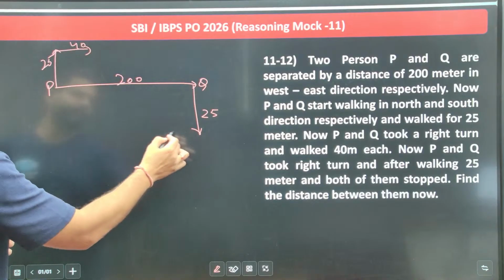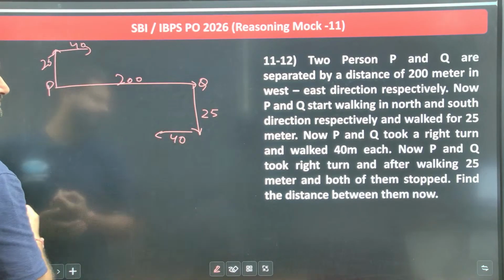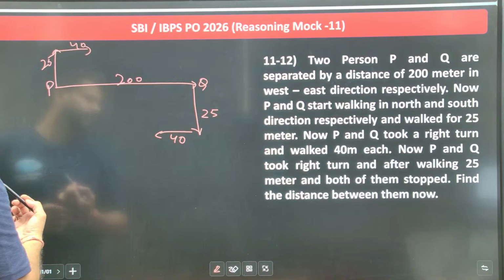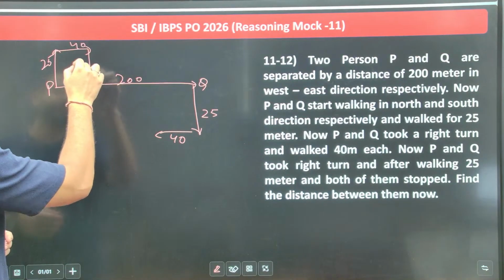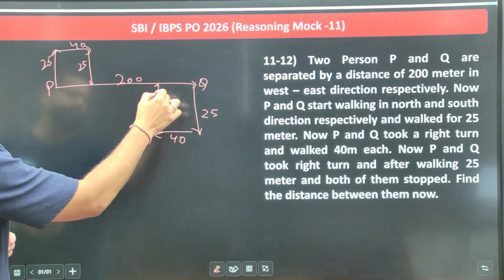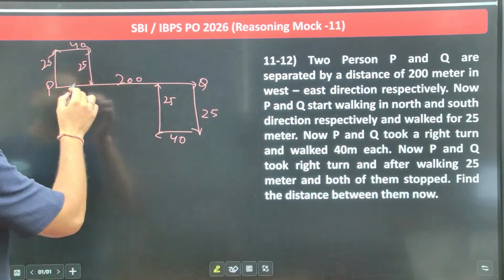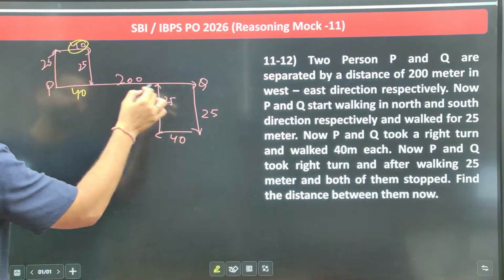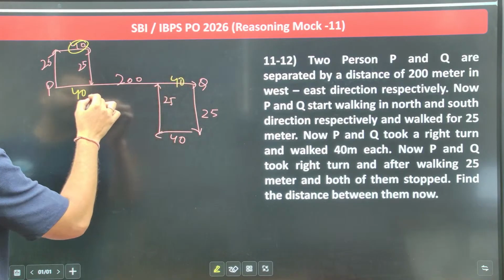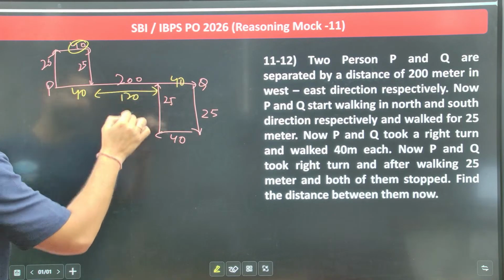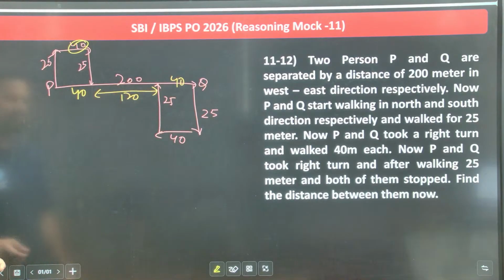Right turn 25. So basically how much distance they are separated. This is 40. This is 40. 40, 40, 80. 120. Easy. Yes, Vaishnavi.